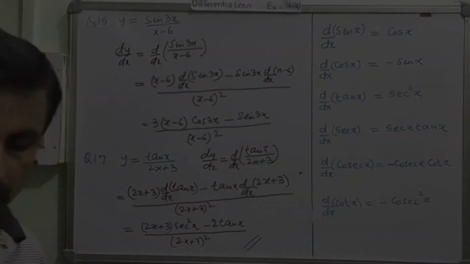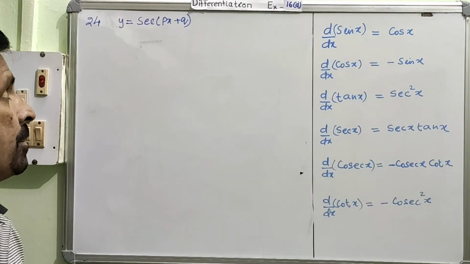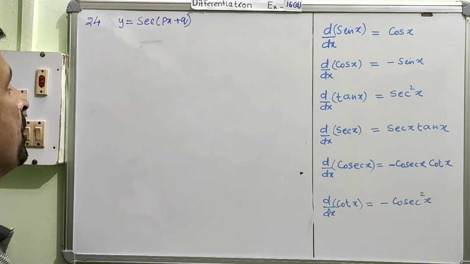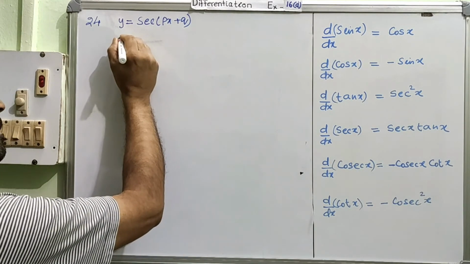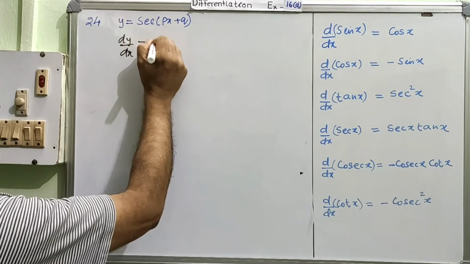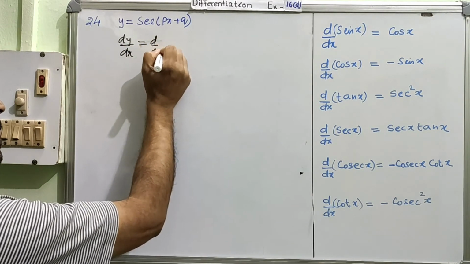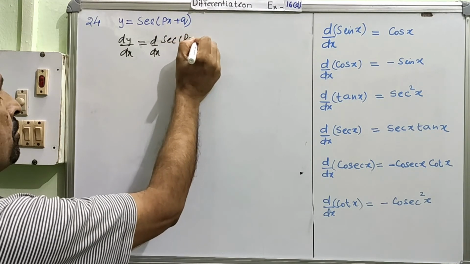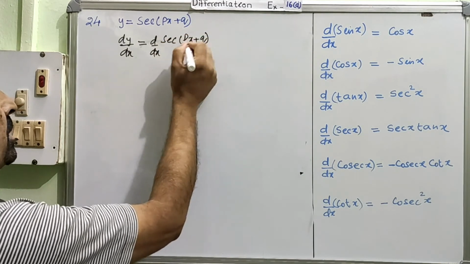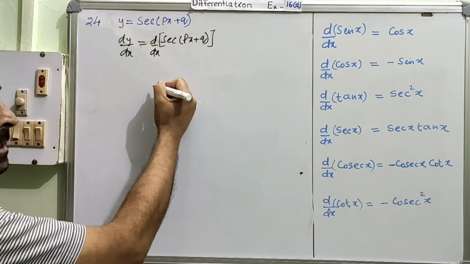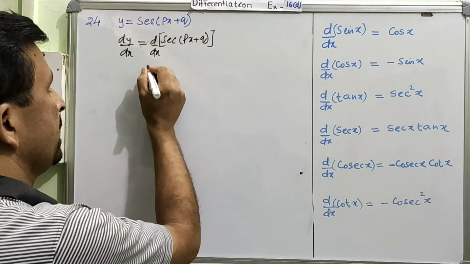Alright? Thank you. So now this is question number 24. Question number 24 is actually very simple. But still, dy by dx, derivative of the given function, d over dx of sec(px plus q). This px plus q is the angle. Okay, so you find the derivative of the trigonometric term and then find the derivative of the angle.